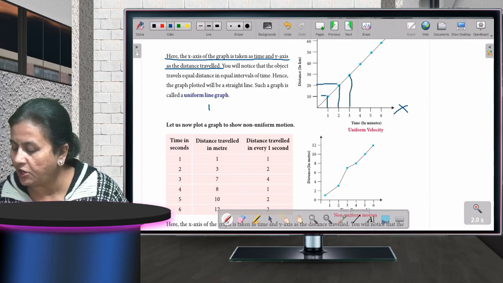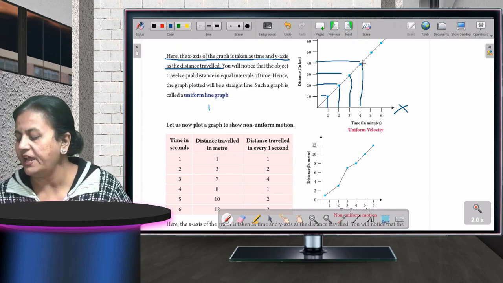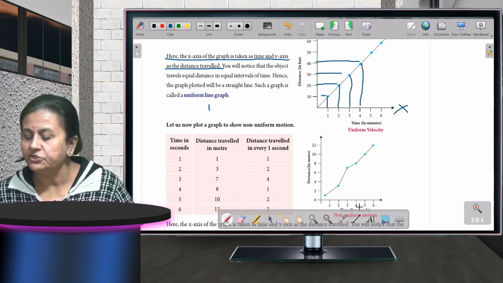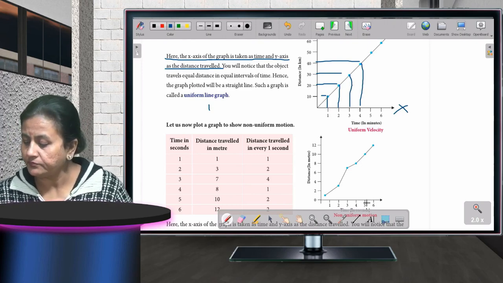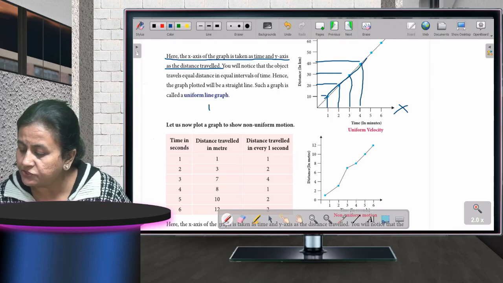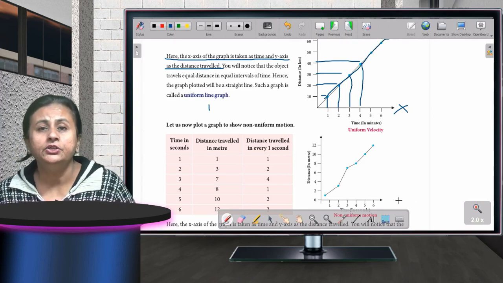In 3 minutes, 30. In 4 minutes, 40. So in every single minute, how much distance is traveled? It's 10 kilometers. Fine, children? Because the points are forming a straight line when we plot this graph, that means it is a uniform motion.